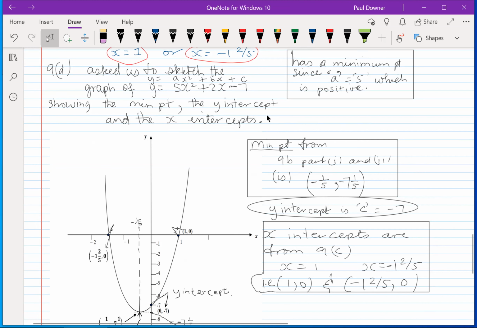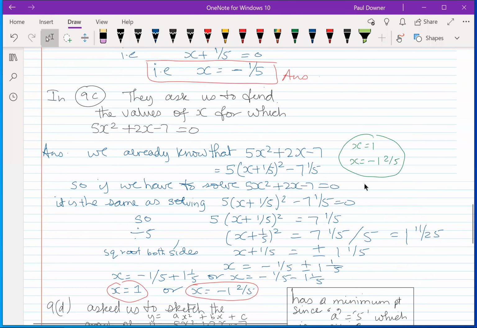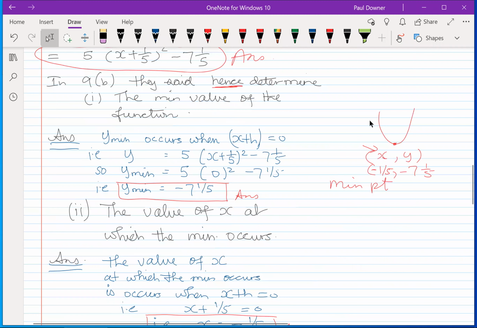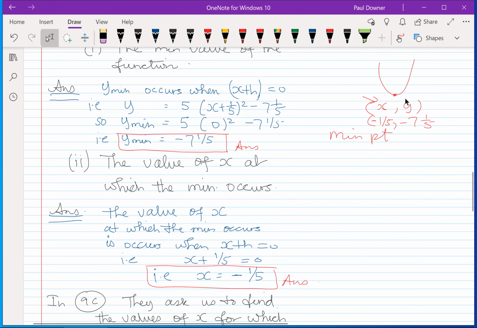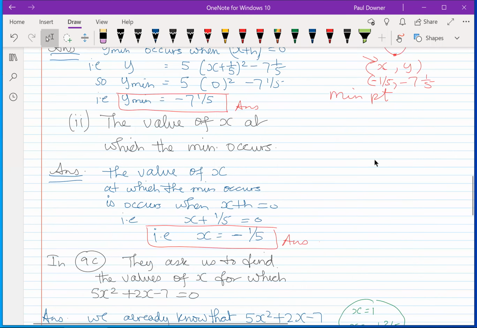Then the minimum point, we had found it from 9B, parts 1 and 2. We had got the minimum point to be negative 1/5, negative 7 and 1/5. I'll just go back here so you could see it. When I did it here, x was negative 1/5, right? And then the y value was negative 7 and 1/5. So we had actually got the minimum point already.